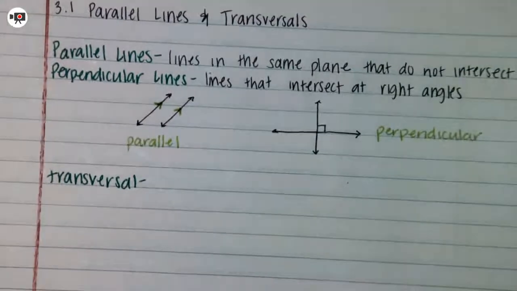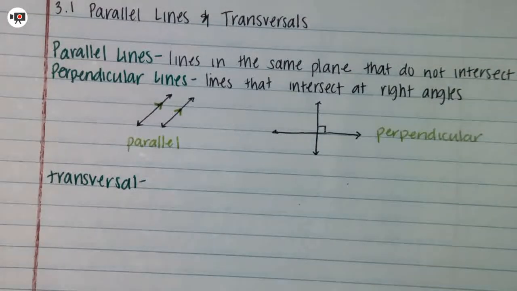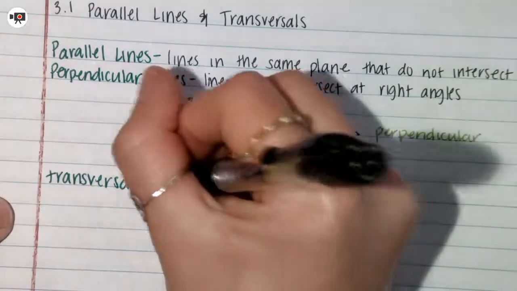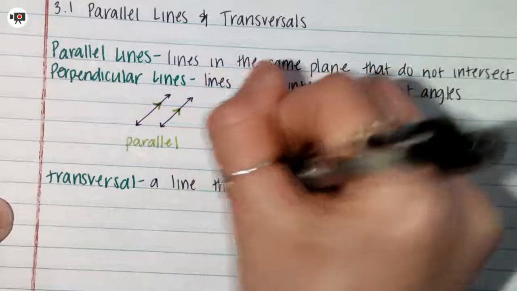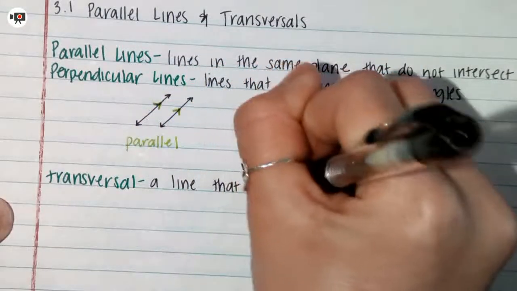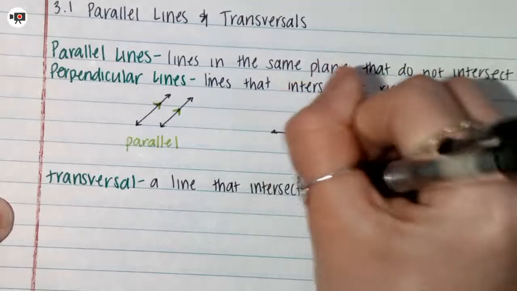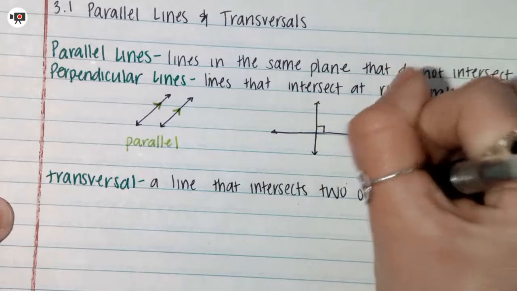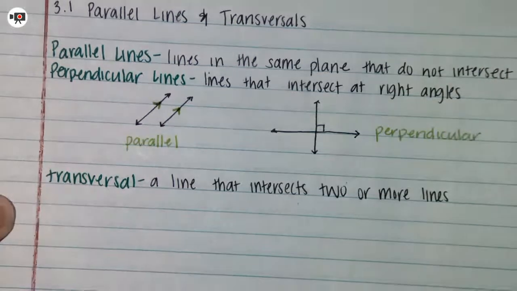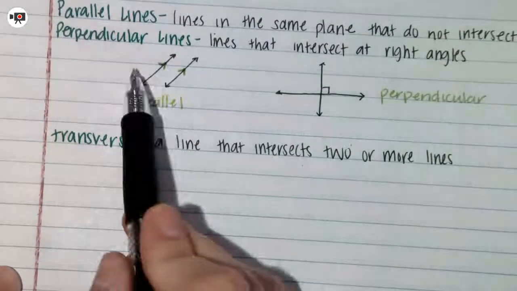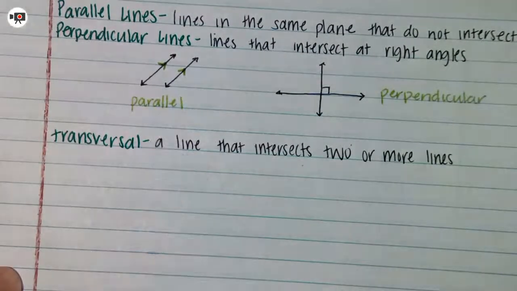And a transversal is a line that intersects two or more lines. So I could have a transversal that goes through those two lines.